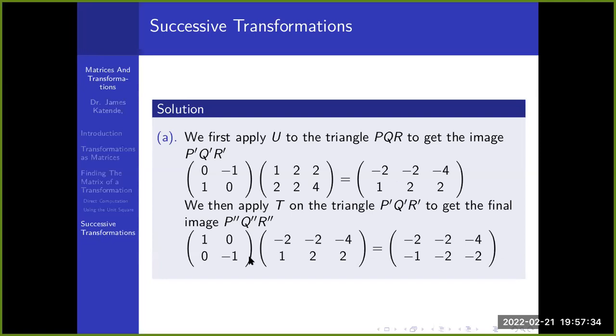And then T will act on the intermediate to give us our final image. I don't know if I need to go through the calculations. It's not necessary. It's something you can double check just to be sure if I wrote them correctly.